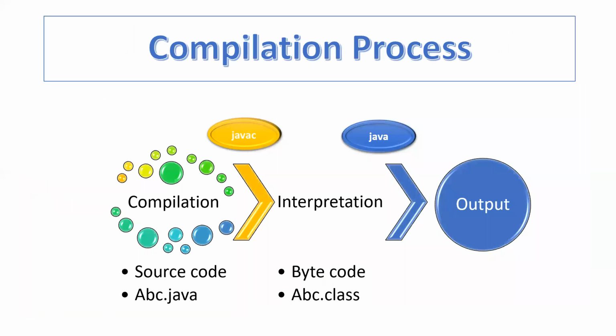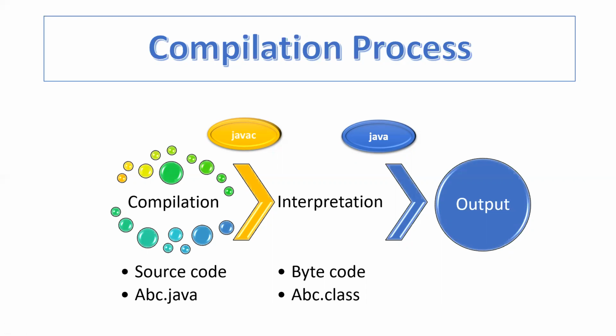Okay, so let's see how the compilation process takes place when we are writing the code, asking it to be compiled, and then checking whether the code will give me the required result or not. That means when we are interpreting it and providing the output to the user. First, compilation takes place with the help of the Java compiler, which is javac. And then we move forward with interpretation.